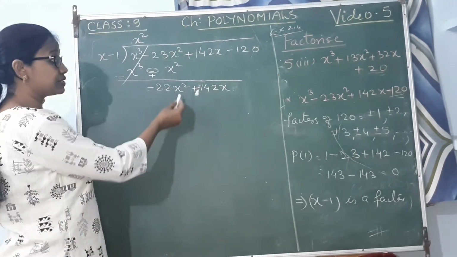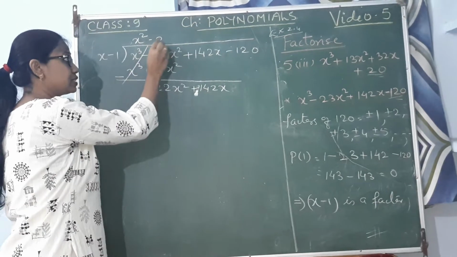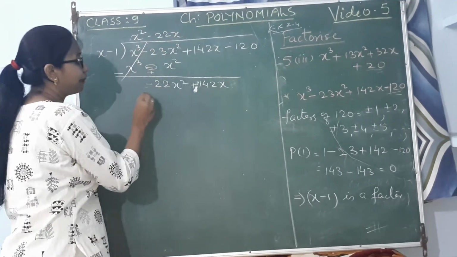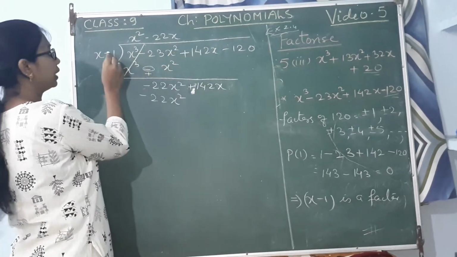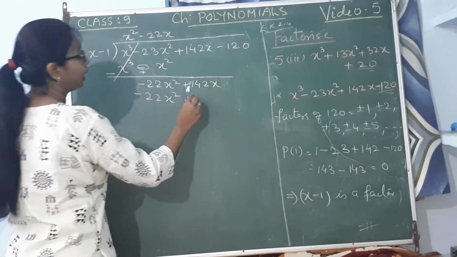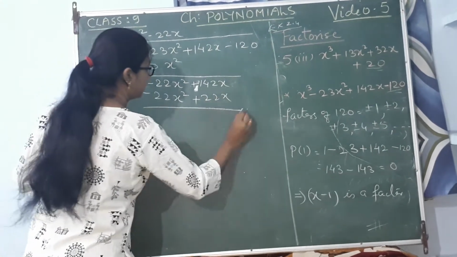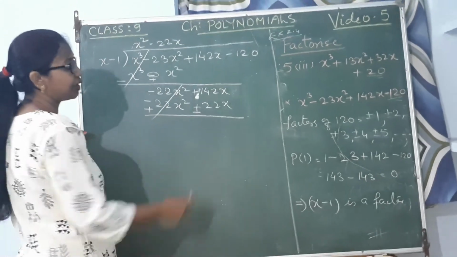x into what gives you minus 22x square? Yes, it is minus 22x. Minus 22x square. 1 into minus 22, here minus minus will be positive, negative negative positive, 22x. Change the sign. Okay, the first term is completely cancelled out.